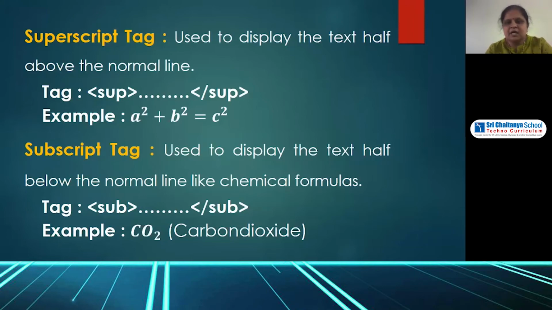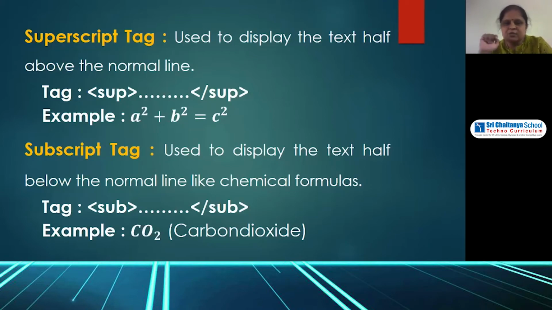Superscript means when we write above the alphabets, that is a square, the square will be written on the top, right? But a subscript is when we write below the normal text, for example CO2, where below the O we write the 2, so it is called subscript.